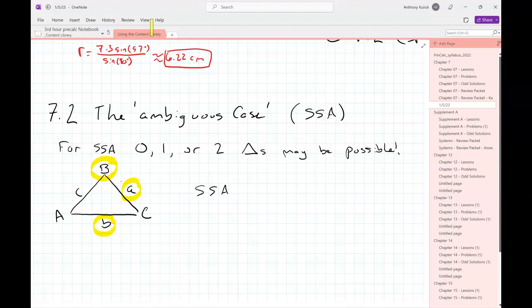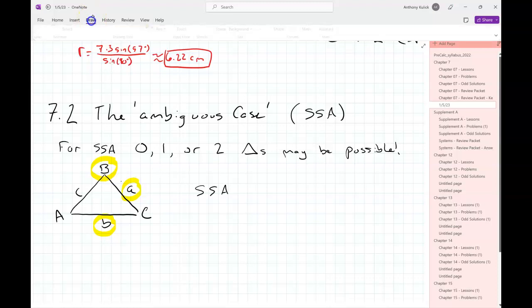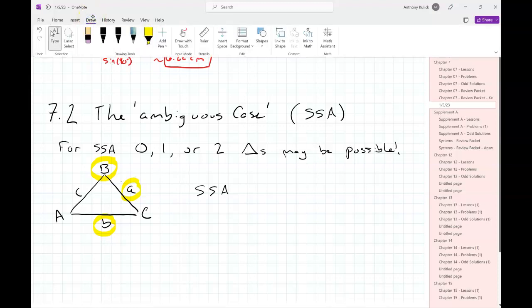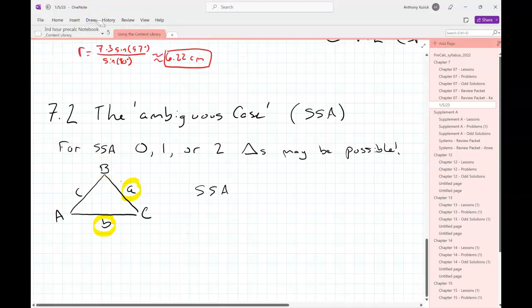Everybody's okay with that? Where the angle cannot be in between the two sides, right? Actually, let's say that one.